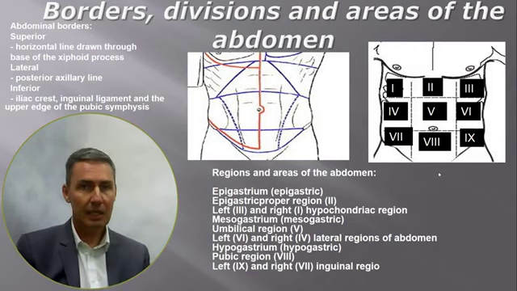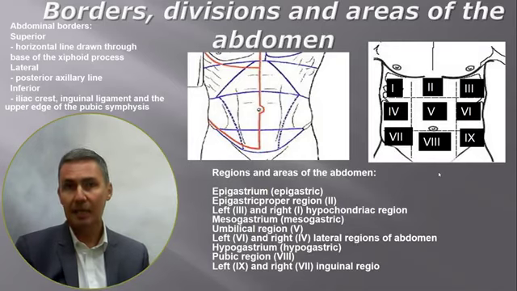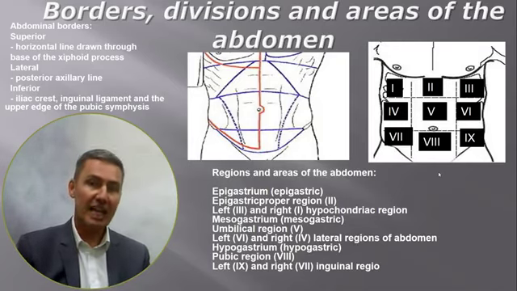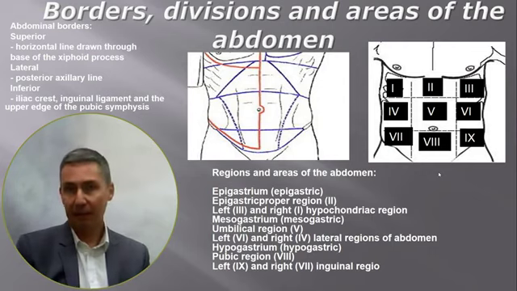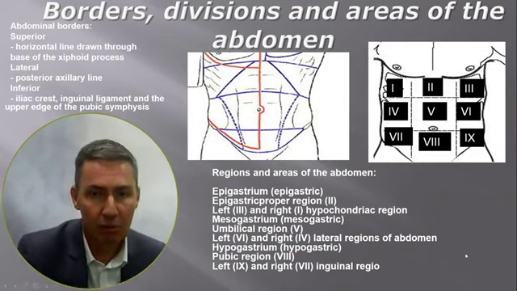Organs are located inside cavities and can just be projected to the epigastric or hypogastric region. And if you describe the location of the organs, you have to say it is located in the peritoneal cavity, for example, and projected to this or that region of the abdominal wall.